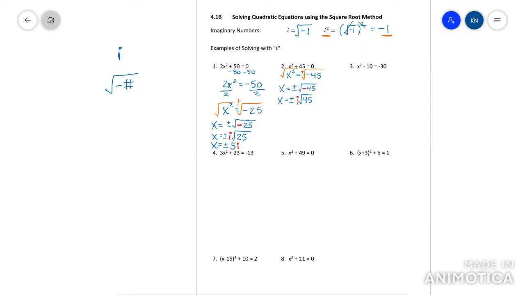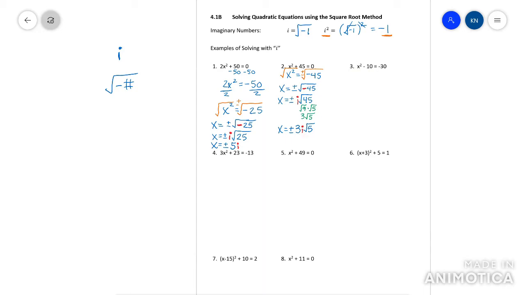And now in terms of breaking down this root, this is root 9 times root 5, which is 3 root 5. So the way you would write this as your answer is you would say x equals plus minus. The 3 comes first, then the letter i, and then the root 5. Like that. So it's generally number, then the letter i.